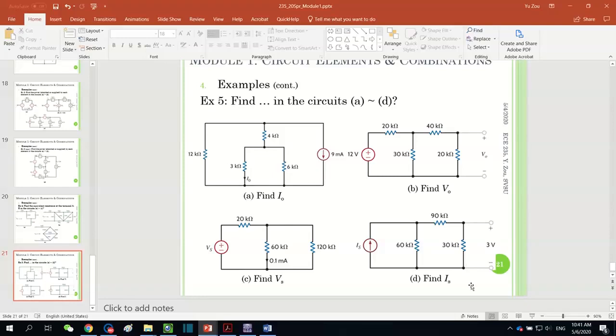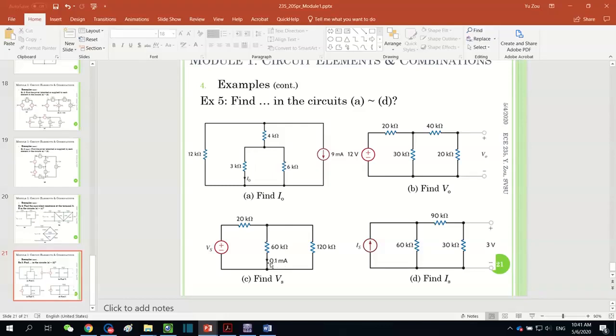Actually, the same attention should be paid in circuit C, where the given current 0.1 milliampere through 60K ohm is a downwards current, giving the voltage polarity positive up here, negative down here.